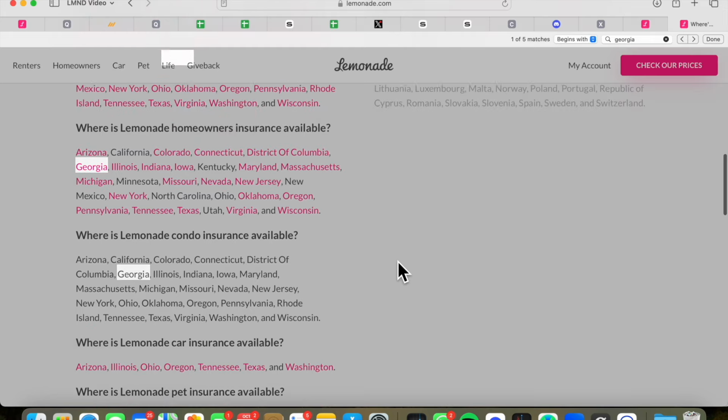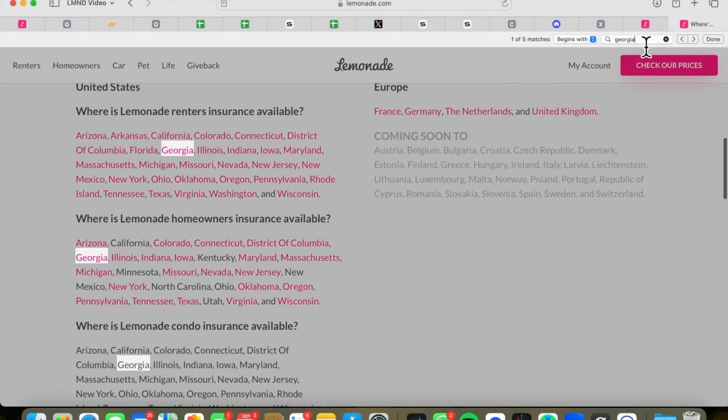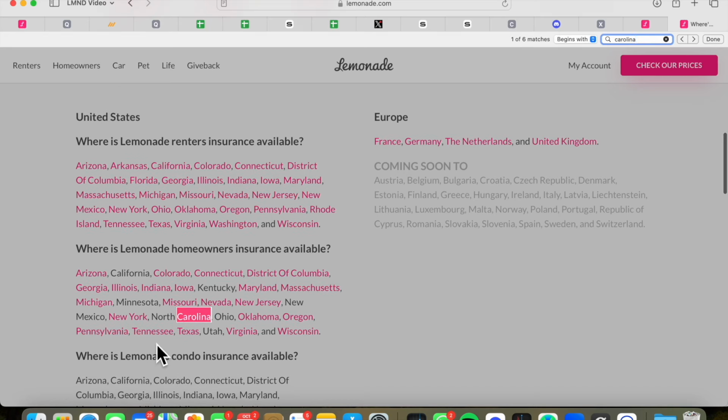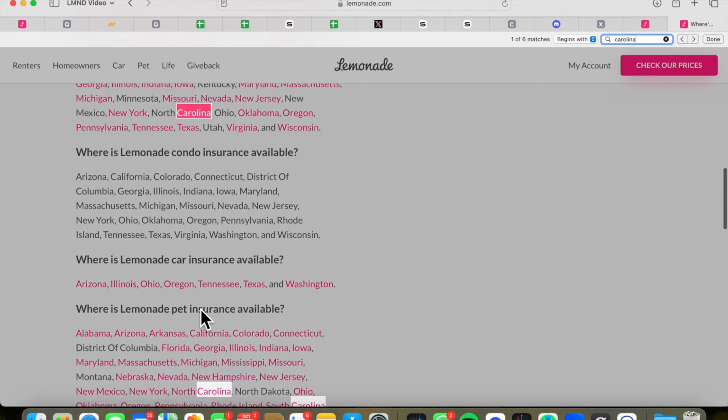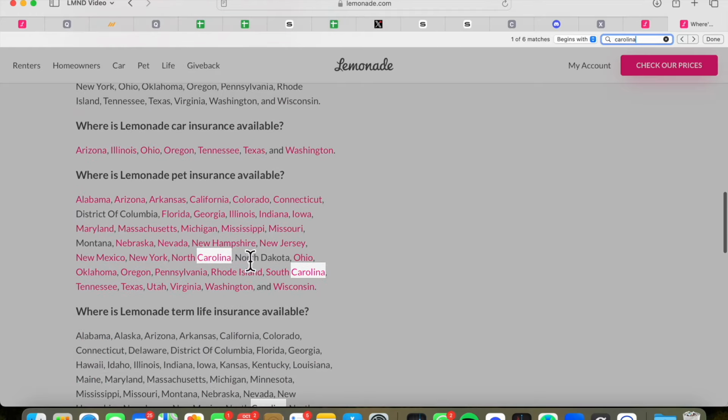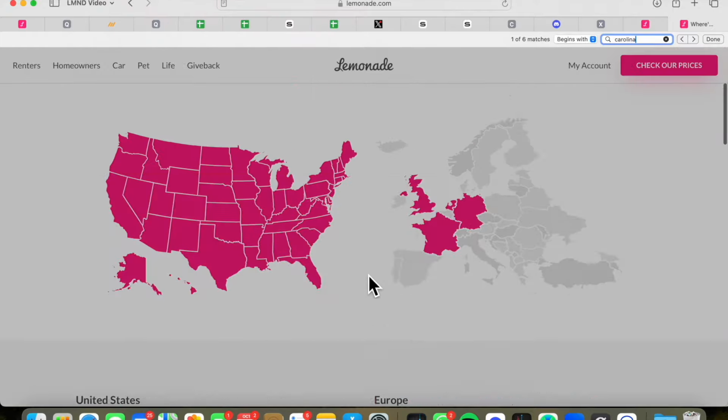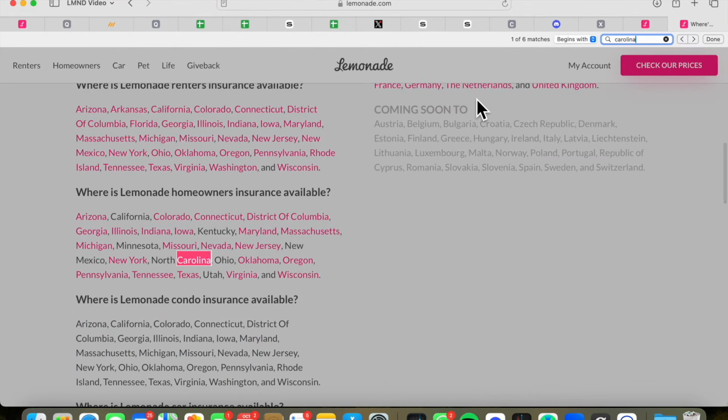And then other ones maybe to look at are North Carolina and South Carolina. Homeowners insurance they have in North Carolina, not South Carolina. Otherwise you're talking about pet insurance and other products that are much less relevant to the cat effect conversation.